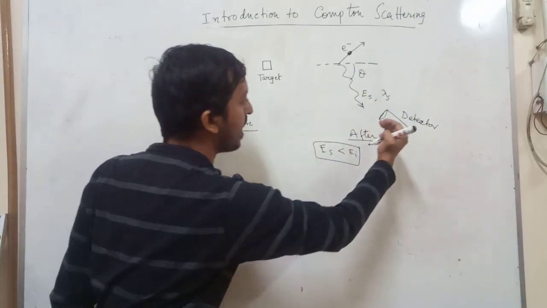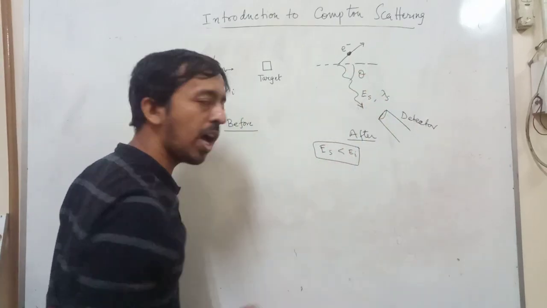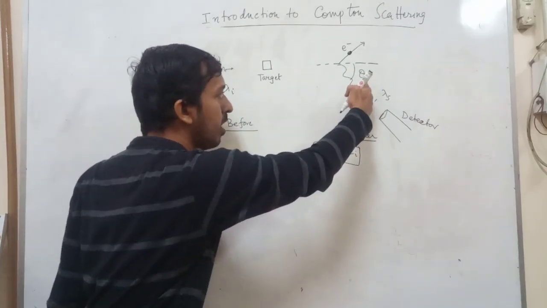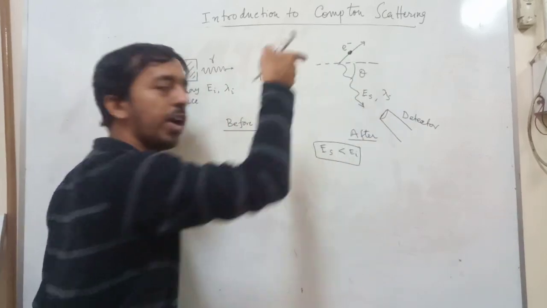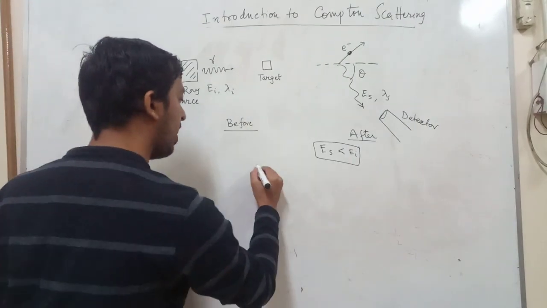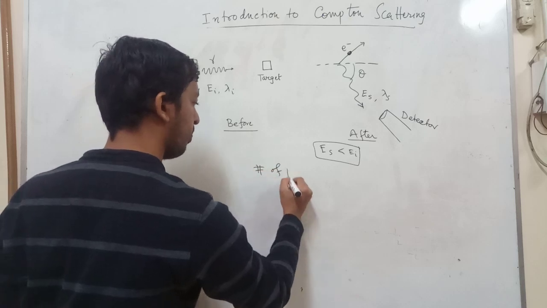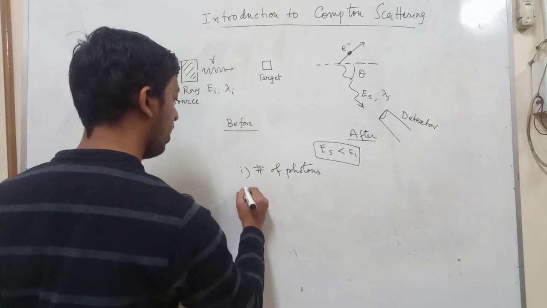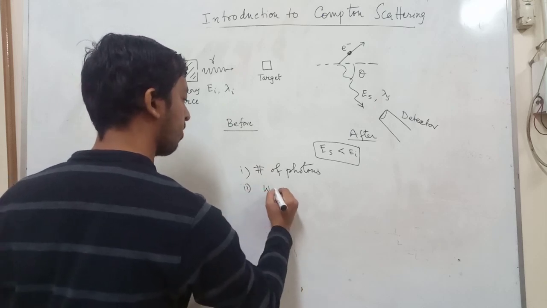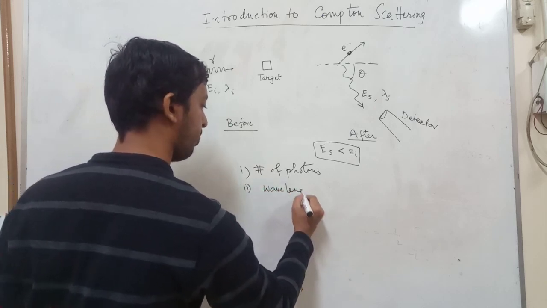For example, we keep the detector at an angle theta, which is a variable, and see how many photons are coming in that particular direction. So we calculate, one, the number of photons, and two, the wavelength of the scattered photon.